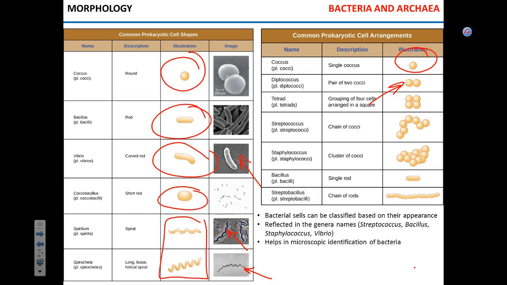When they form 4-cell assemblages, that's a tetrad. Why is that important? When we get to staining of bacteria, there are some species of microorganisms that can be isolated from your hands. You put them under the microscope, and there's going to be a bunch of diplococci and tetrads, characteristic for that particular species. So you look at them and say, that's Micrococcus, because it forms this arrangement. Okay?